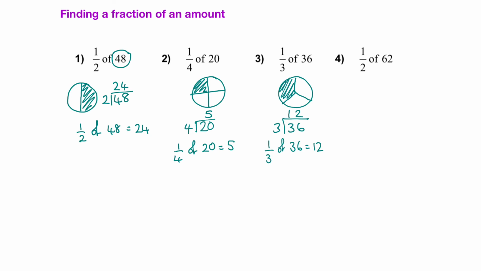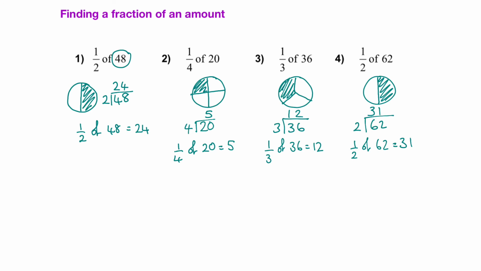Okay? And then the last one, a half again, so means we're splitting into 2 pieces and choosing one of them. So we need to divide 62 by 2. So 2 into 6 goes 3 times, 2 into 2 goes 1 time, so the answer is 31. So a half of 62 is equal to 31.